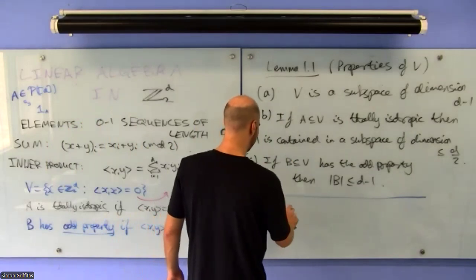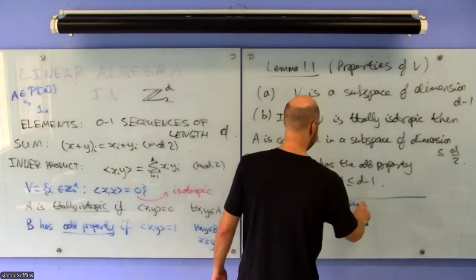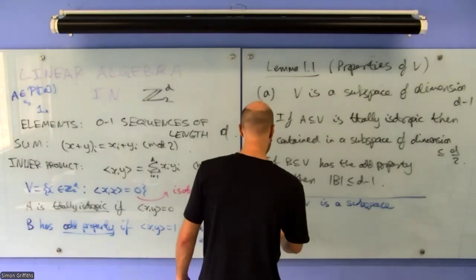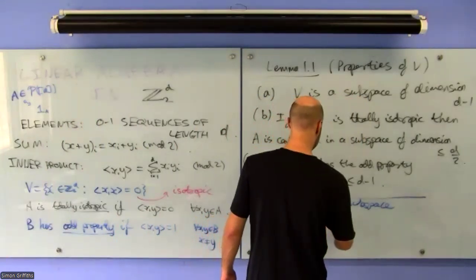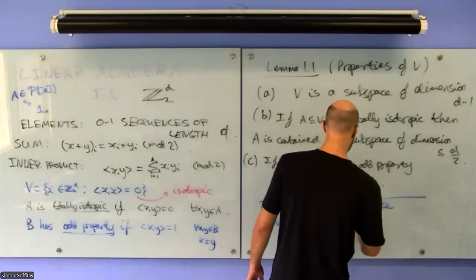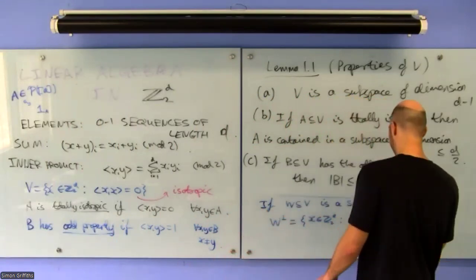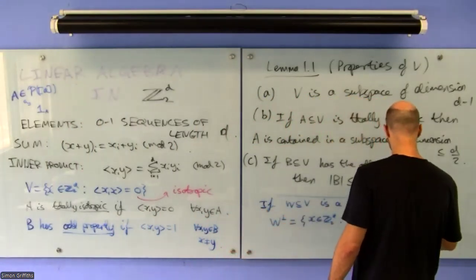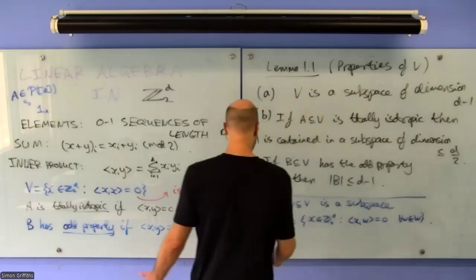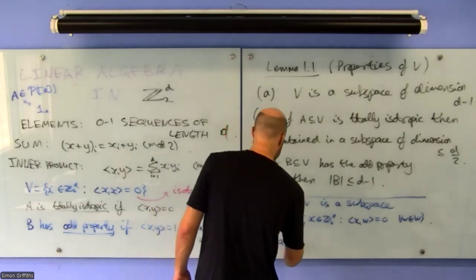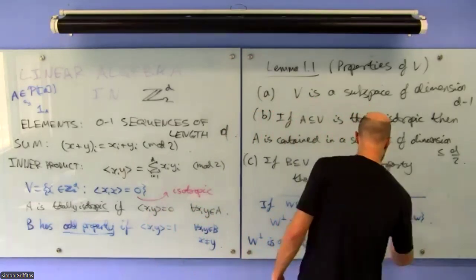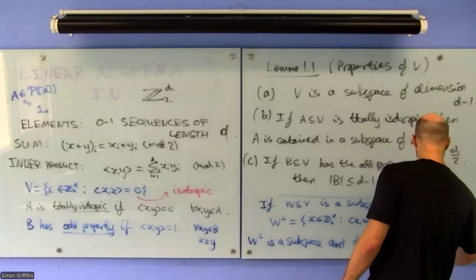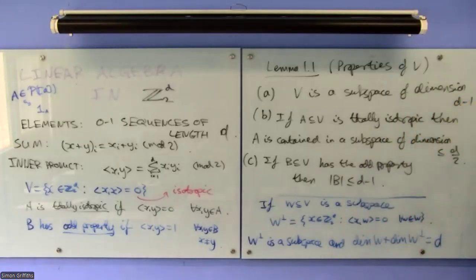So if W contained in V is a subspace, then you define W perp to be the set of X, I guess we're still looking at Z2 to the D, such that they have inner product 0 with every element of W. And in fact, W perp is also a subspace, and the sum of the dimensions of W and its orthogonal subspace is equal to the dimension of the space. So these are facts from linear algebra that we can use.